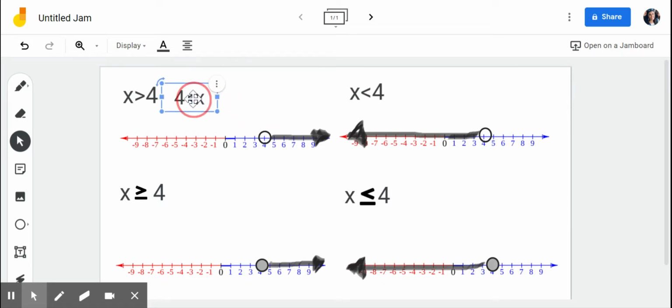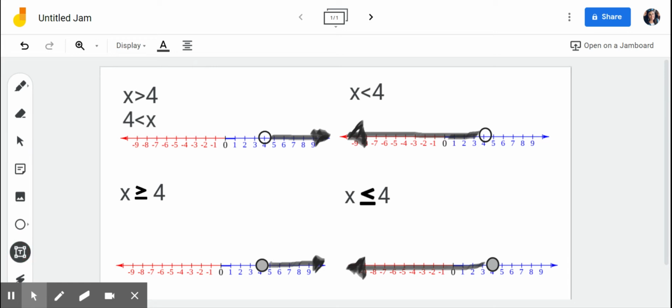These two inequalities are both shown on this number line because if you read it, x is still on the open side of the inequality. So x is still greater than 4. So those mean the same thing.